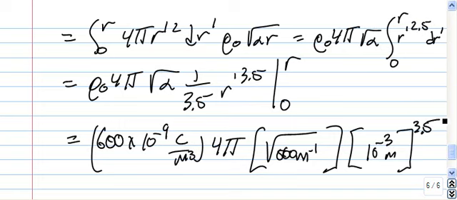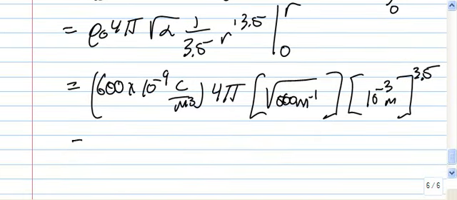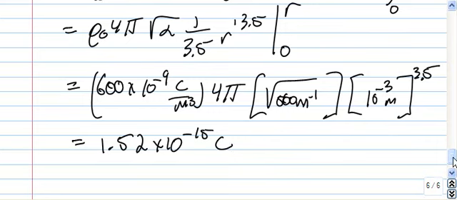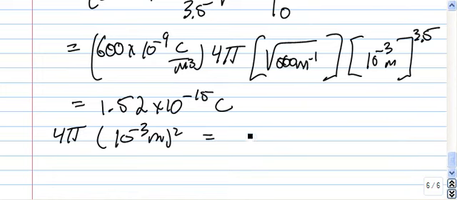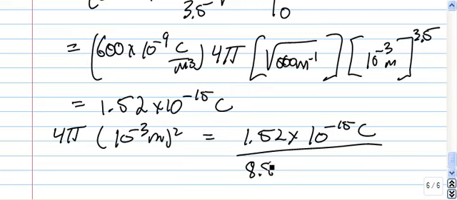Okay, so here's my expression. I can multiply all these numbers out to find the total charge enclosed by this particular spherical Gaussian surface, and I find it's 1.52 times 10 to the minus 15 coulombs. Once I know this, I can solve for the E field because I know 4 pi times r squared, in this case 1 millimeter, times E is equal to the charge enclosed over epsilon naught.